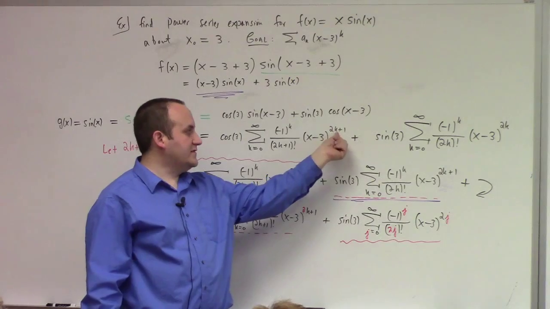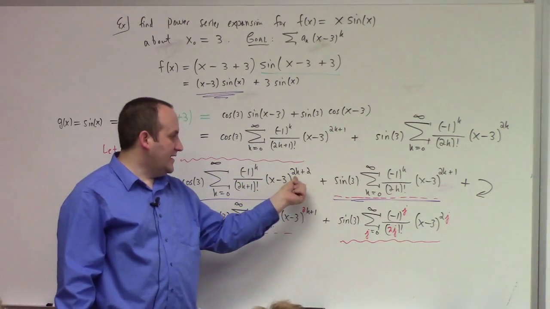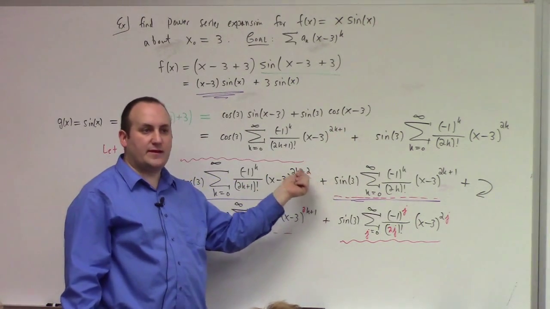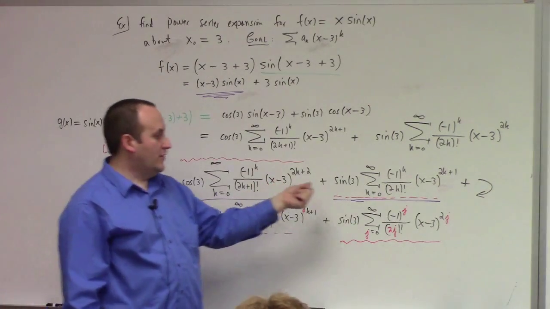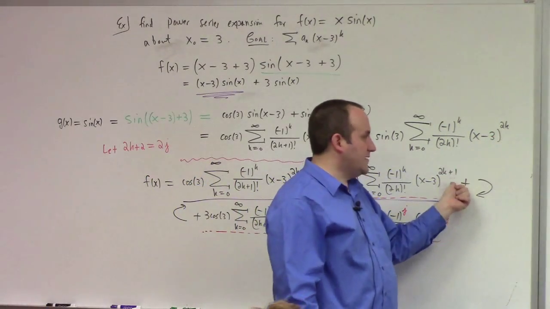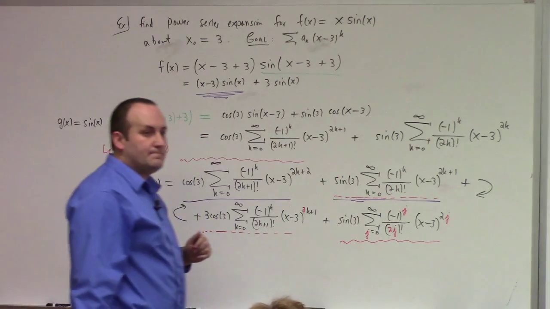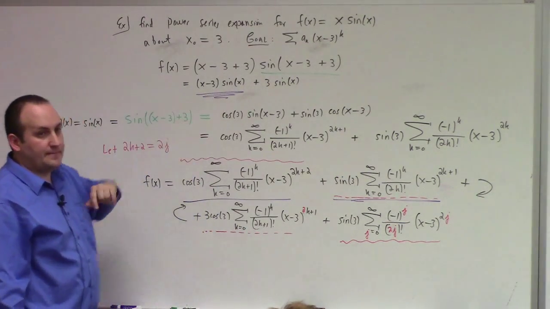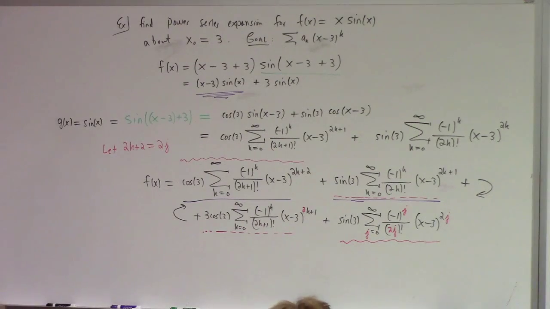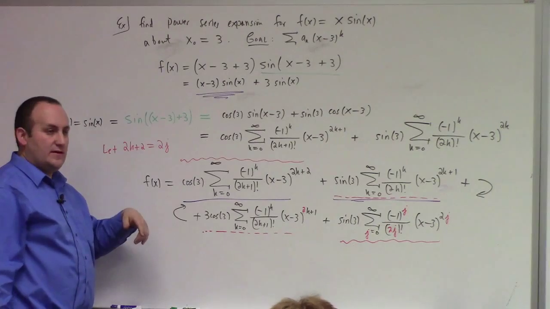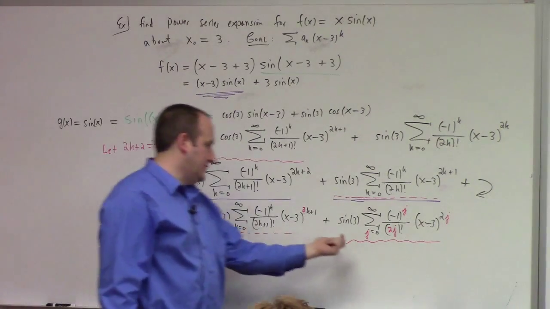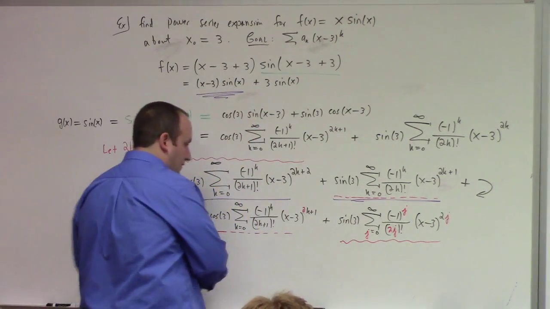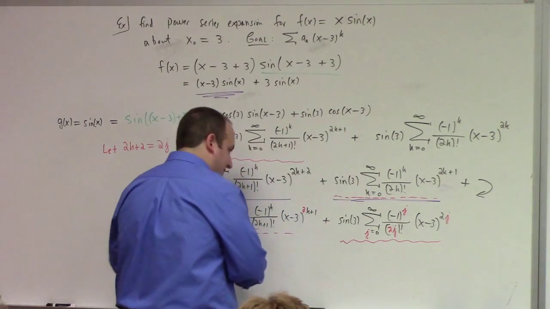Notice what happens, x to the 2k plus 1, instead x to the 2k plus 2, because I'm multiplying by x minus 3. Over here, I have x to the 2k plus 1, because again, I'm multiplying by x minus 3. That's the terms, these are the purple terms. Okay. Then, I have to add 3 times the sine of x. That's 3 times this, and I'm missing my 3. Oopsie. That earlier section, I tell you.